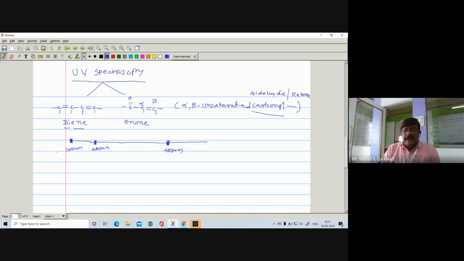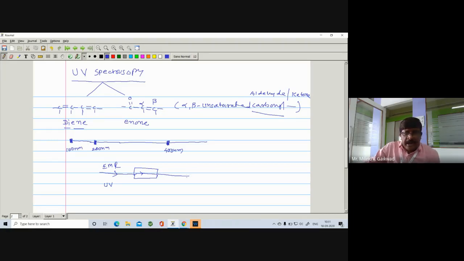And here, there is a compound, an orange compound, through which we pass electromagnetic radiation, that is UV light. Then this compound will absorb some of the light, and some light passes out.